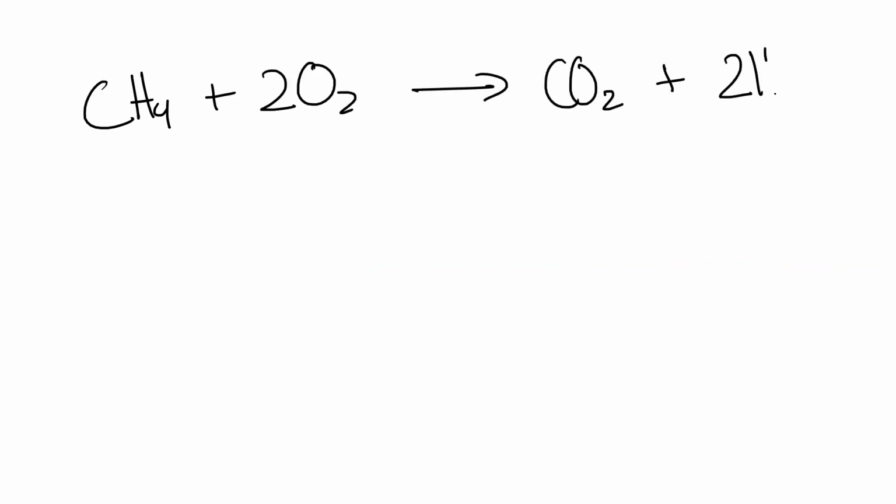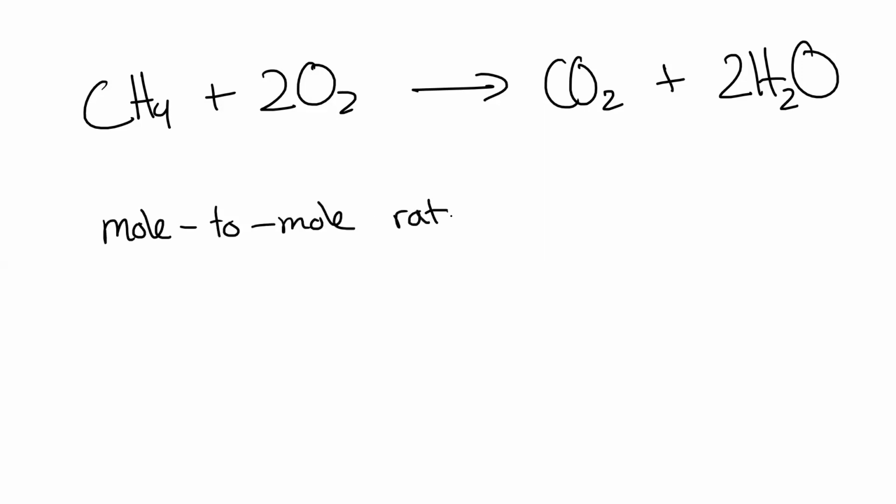So if you have this equation CH4 plus 2O2 giving you CO2 plus 2H2O, this is an example of now a balanced equation. And what I was saying by mole to mole ratios, let's just say I have 5 moles of CH4.